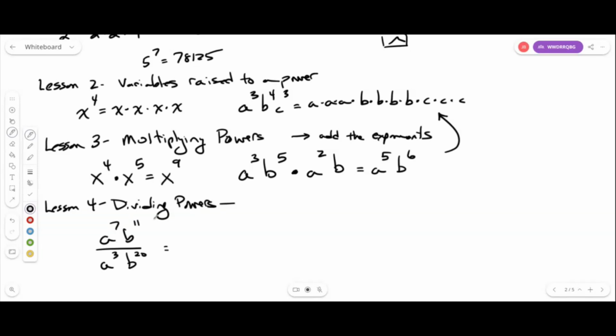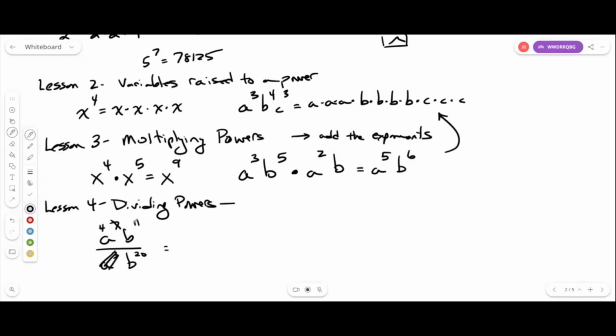And we talked about the fact that if we are dividing, then on the top here I have 7 a's. I'm not going to write them all out. I have 3 a's on the bottom, but I know that all 3 of these would divide out with 3 of these. 7 minus 3 is 4.